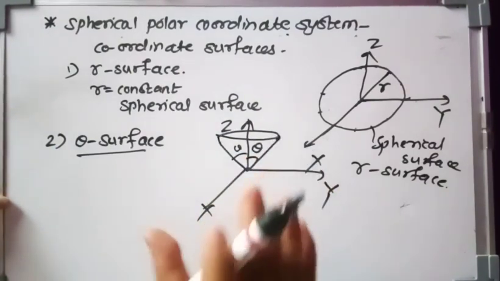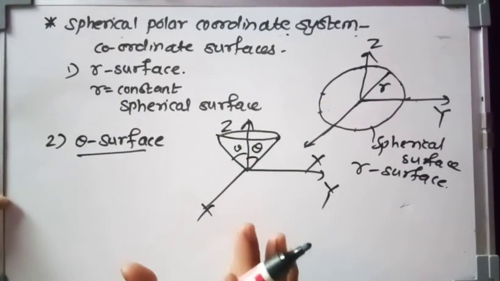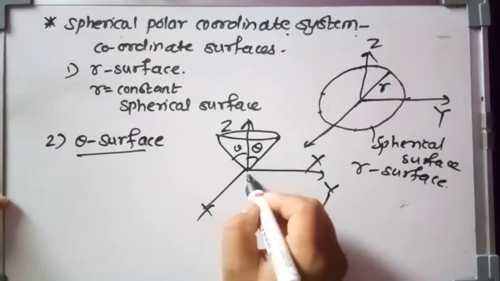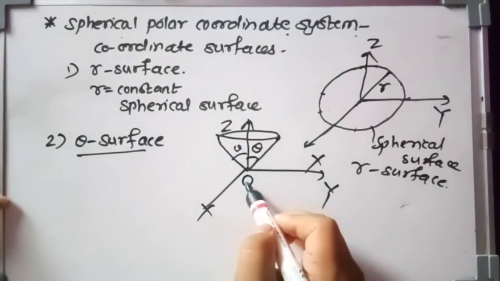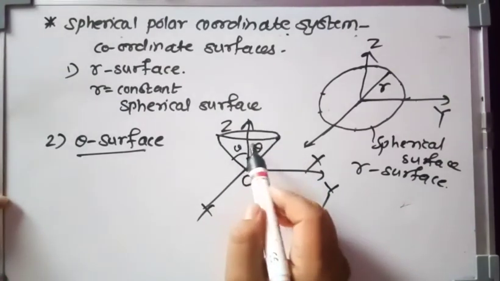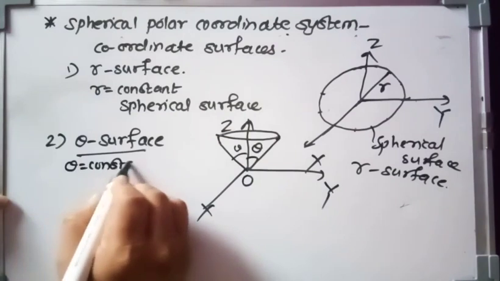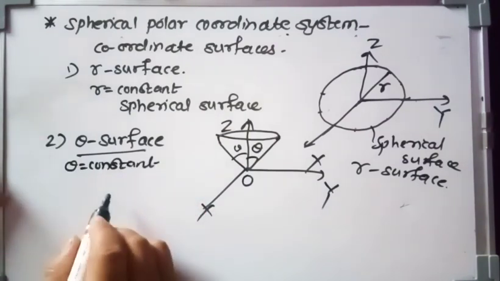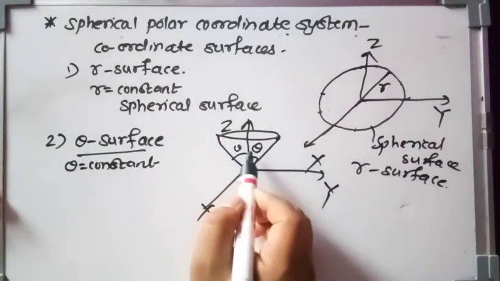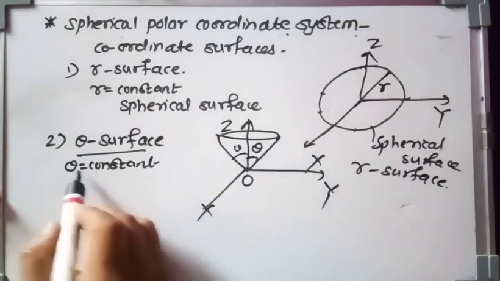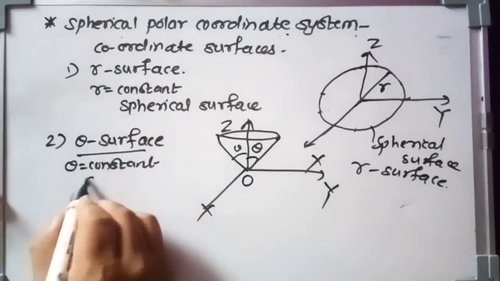It is a conical surface having vertex at origin, for which theta is constant. On this conical surface, for each point theta coordinate is constant, therefore it is known as theta surface.